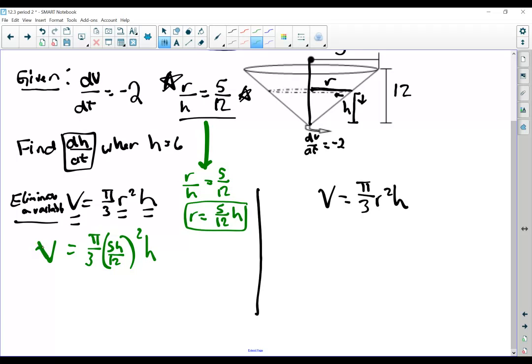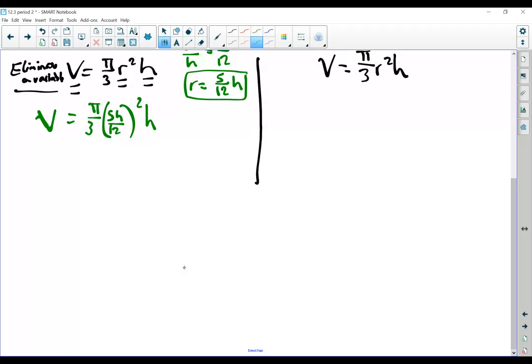Now, look, we have an equation that relates just volume and height together, which is kind of what I want. I have less variables, and I can clean this function up because it's just squaring. I'm going to square that to make that 25 over 144 h squared times h. And look, guys, I could simplify that further. Volume equals 25 pi over 3 times 144 h cubed.